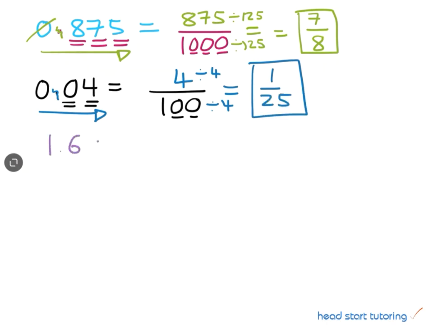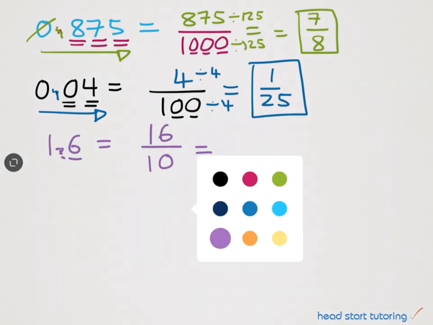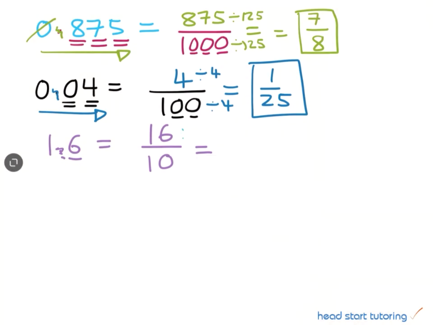Let's have a look at 1.6. 1.6 is going to be equal to a fraction out of 10 because we only have 1 decimal place. And then we ignore the decimal point and we see that we have the number 16. So 16 is therefore our numerator. We now just need to divide both our numerator and our denominator by 2 so that we can simplify, and we end up with 8 over 5.